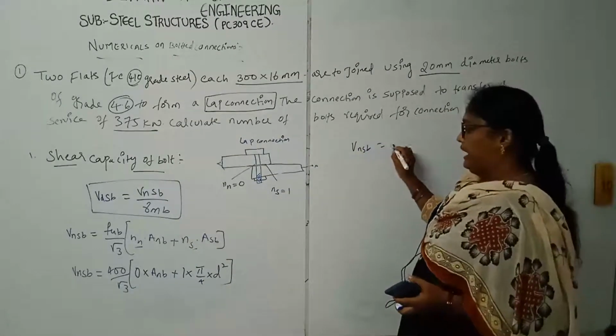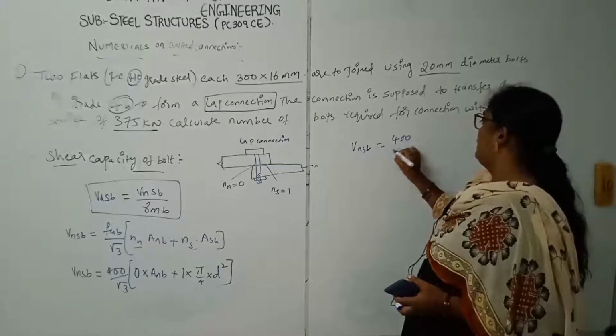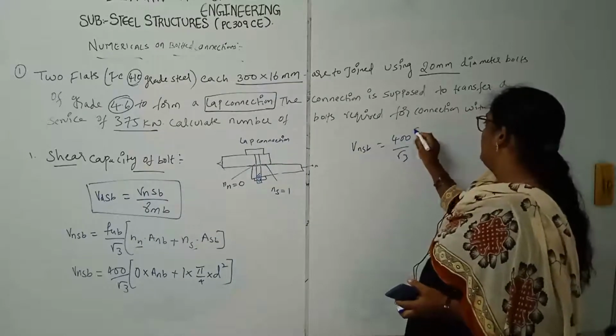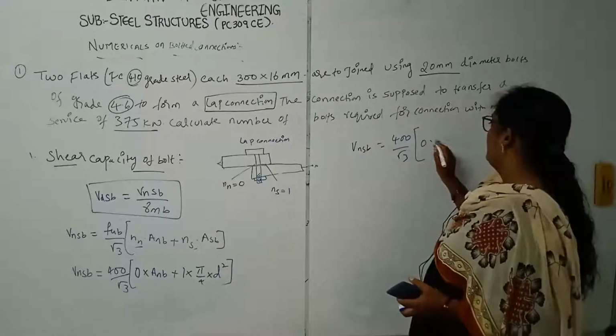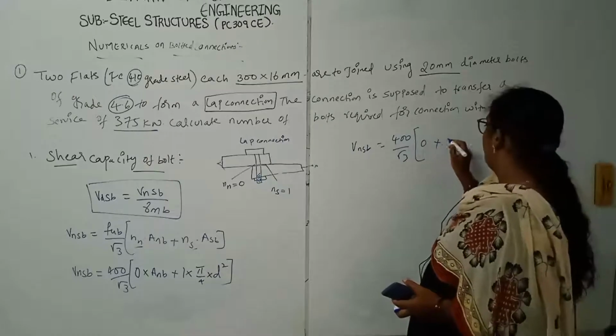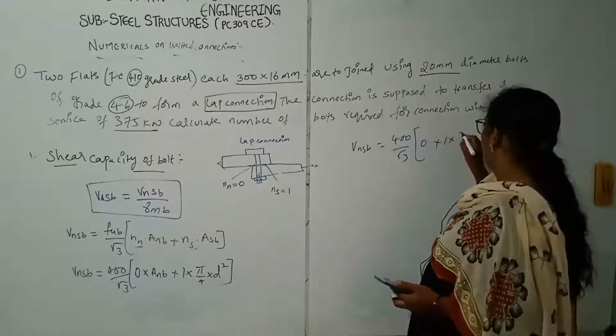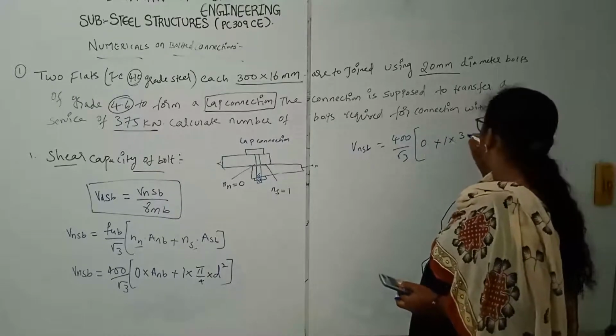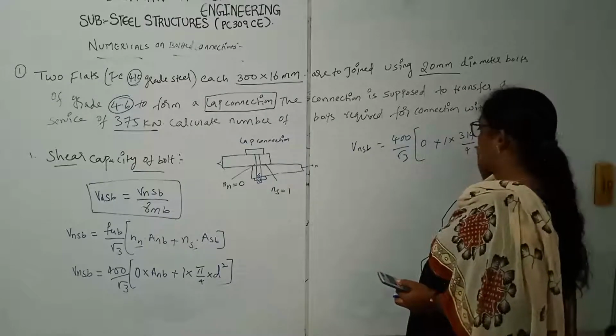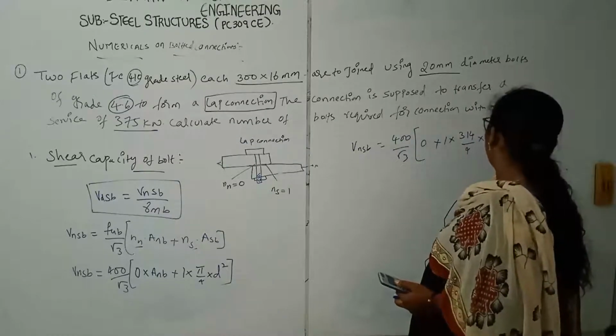VNSB equal to 400 by under root 3, that is 0 plus 1 into 3.14 by 4 into 20 square.